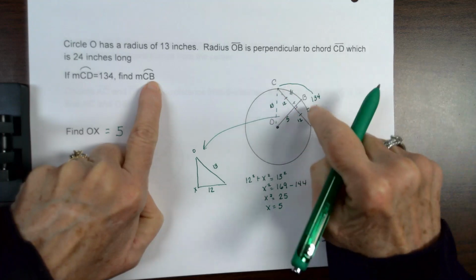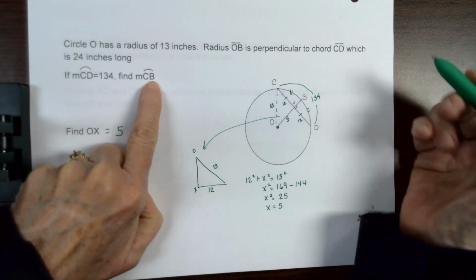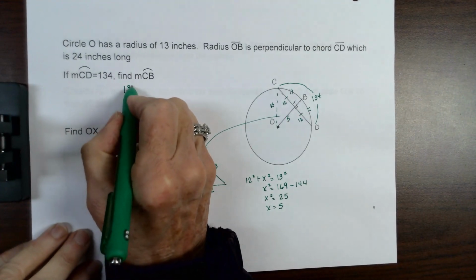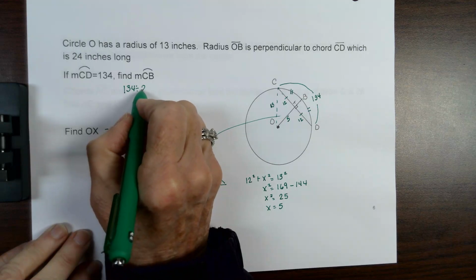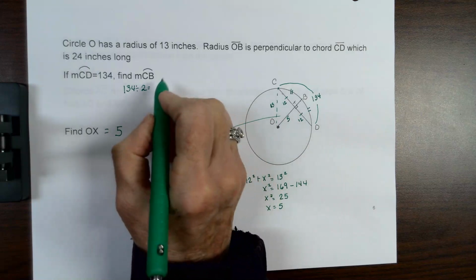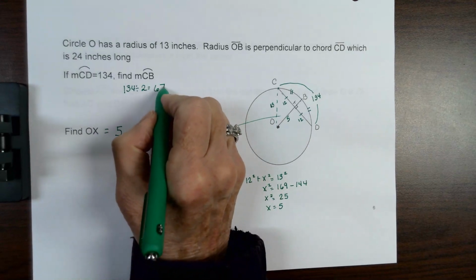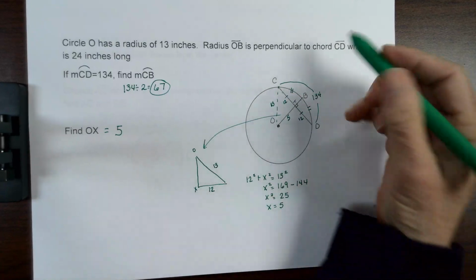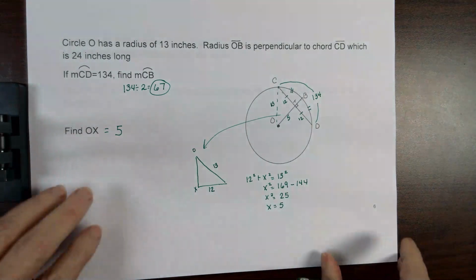Okay, remember this side and this side, those two arcs are congruent. So literally to find CB, I take 134 and I divide it by 2, which is going to give me 67. So each of these would have to be 67 for the whole thing to be 134.